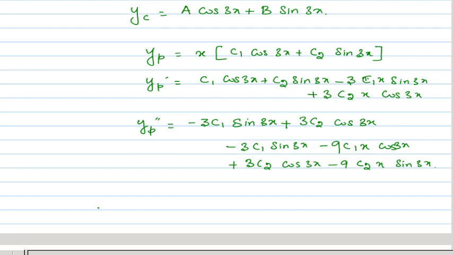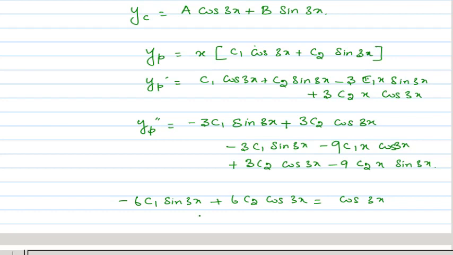Now I am going to add yp double prime and 9 times yp. This term and this term automatically cancel out, so only the remaining terms will be there: minus 6 times c1 sin 3x plus 6 times c2 cos 3x equals cos 3x.